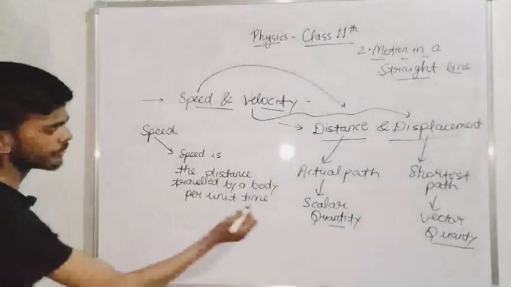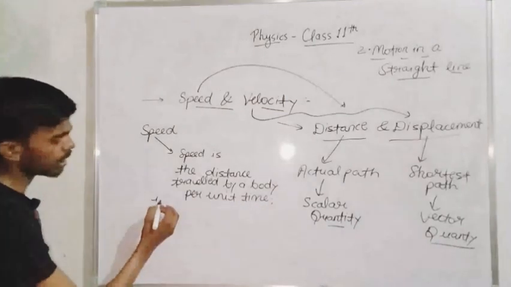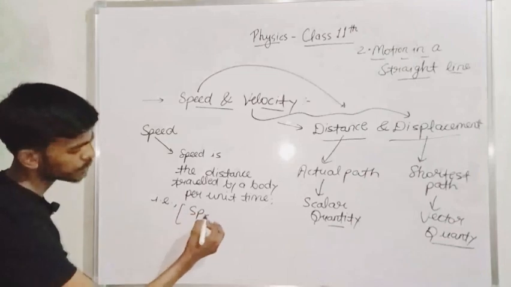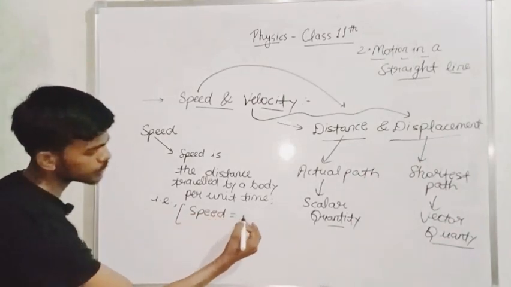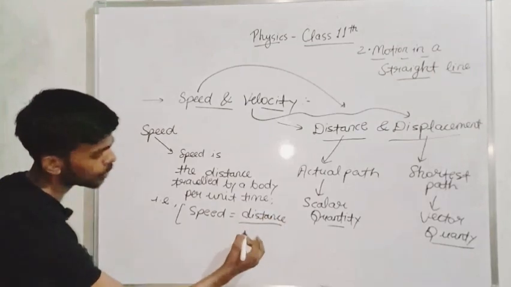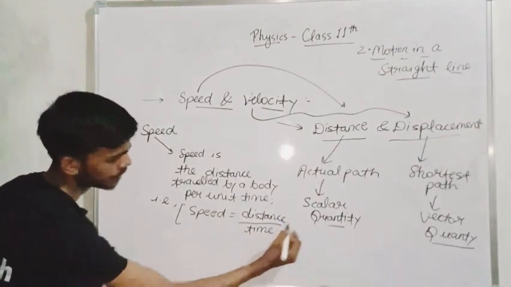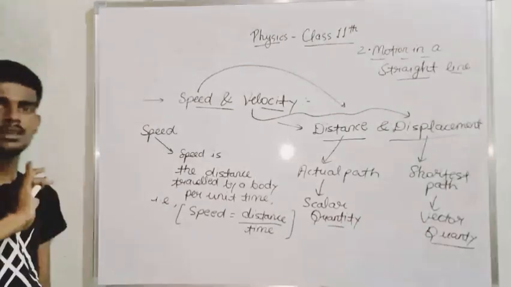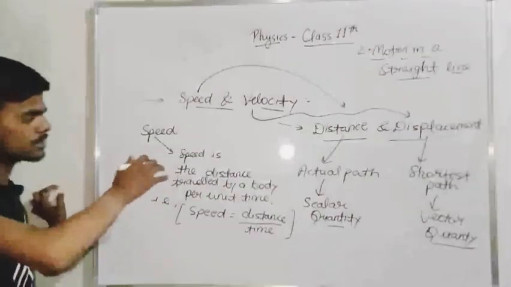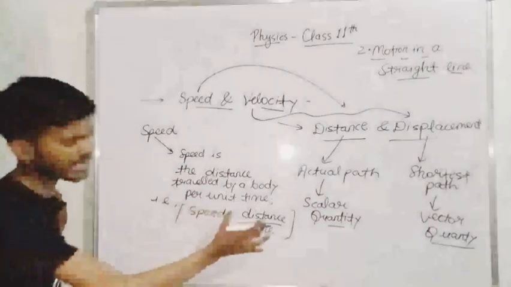If we write it in the form of a formula, then speed is equal to distance per unit time, means it is the ratio of distance and time. It is related directly to the distance.